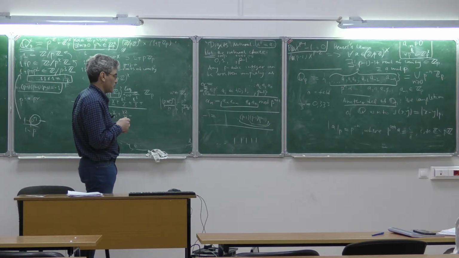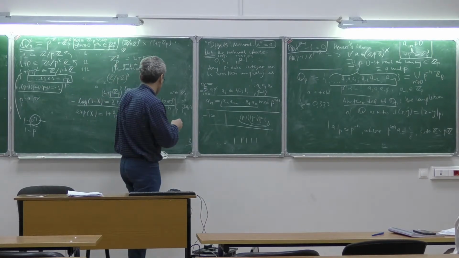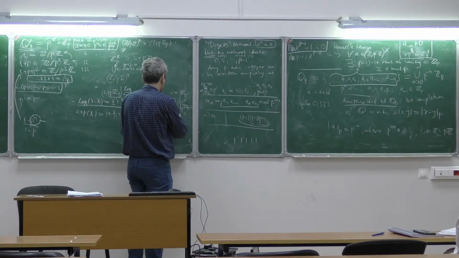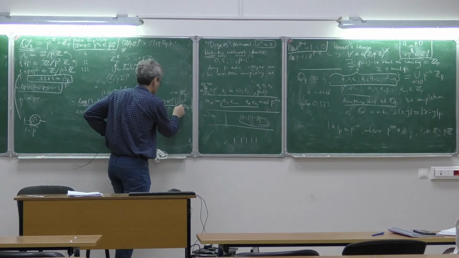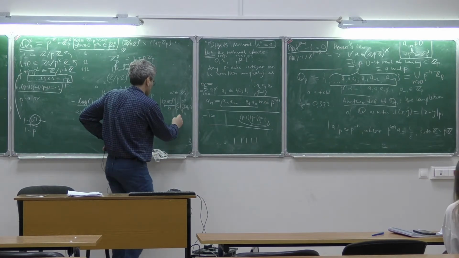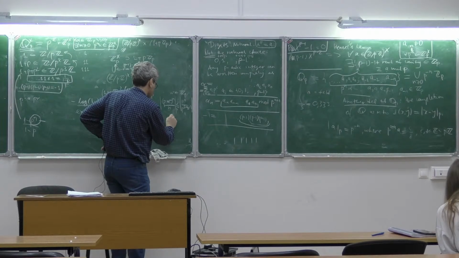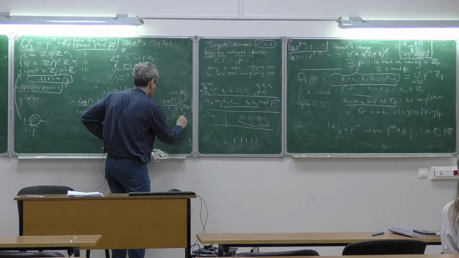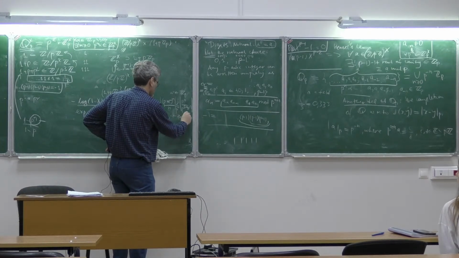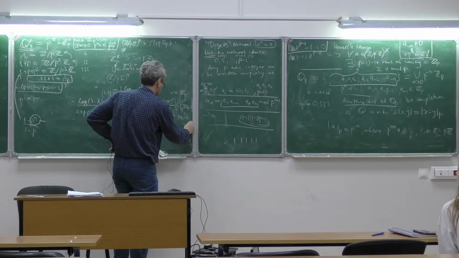And this is just because of that. Maybe I should say that this is less than or equal to p to the minus n minus logarithm, and you see that this tends to 0.